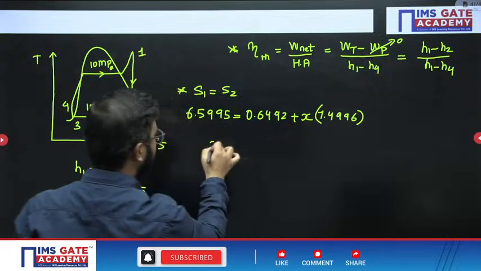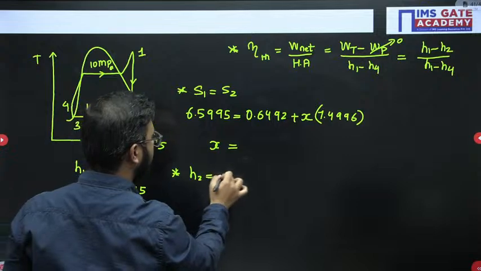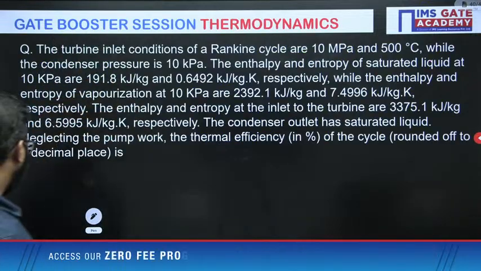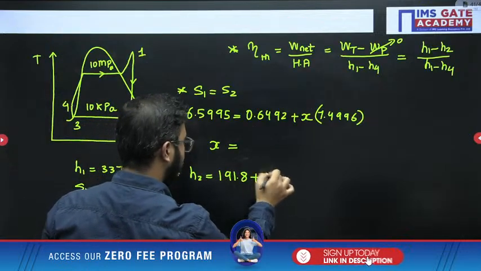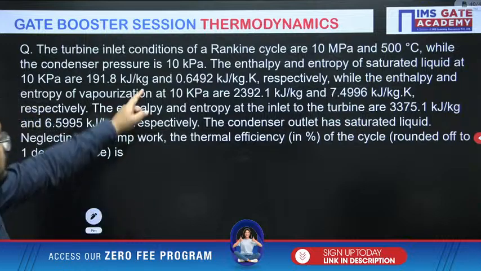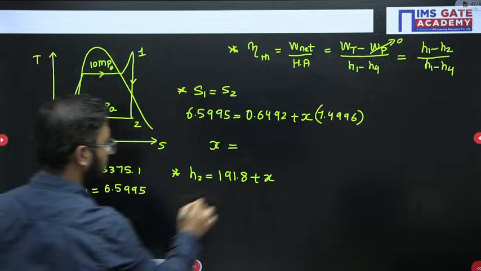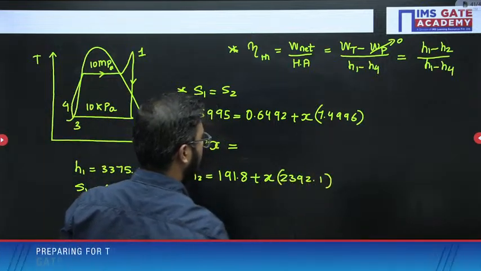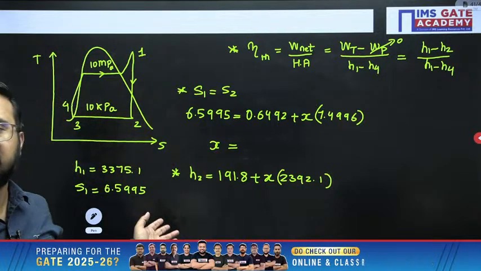So from here you will get the X value, and with this X value you will get the answer for H2, which is HF plus X into HFG. What is the HF value? 191.8. What is the HFG value? They have mentioned 2392.1. Correct. So you will get the H2 value, and once H2 is substituted, you will easily get the answer.